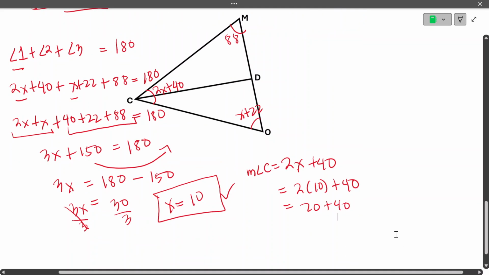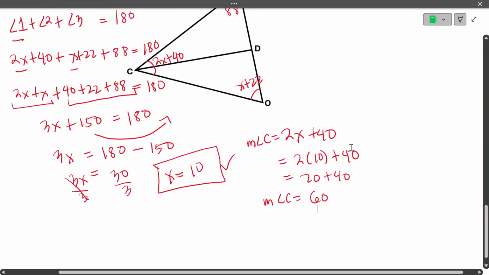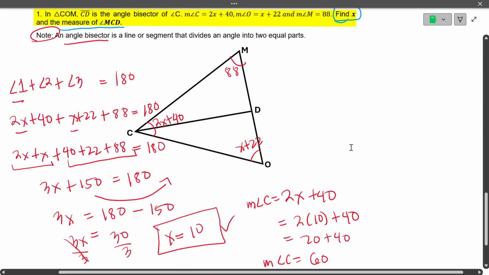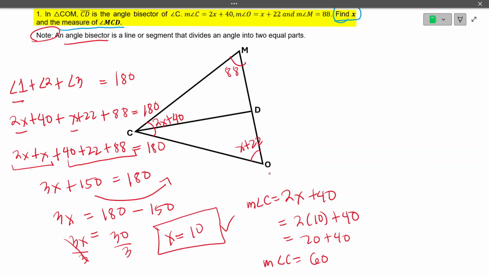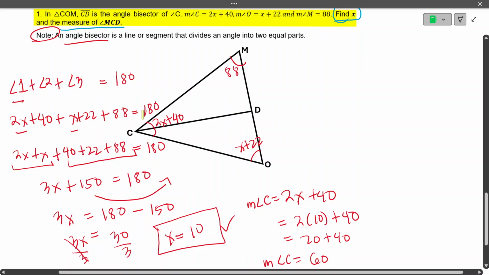So the measurement of angle C is 60. But is that what we are looking for? Are we looking for angle C? No. We shall find the measurement of angle MCD.